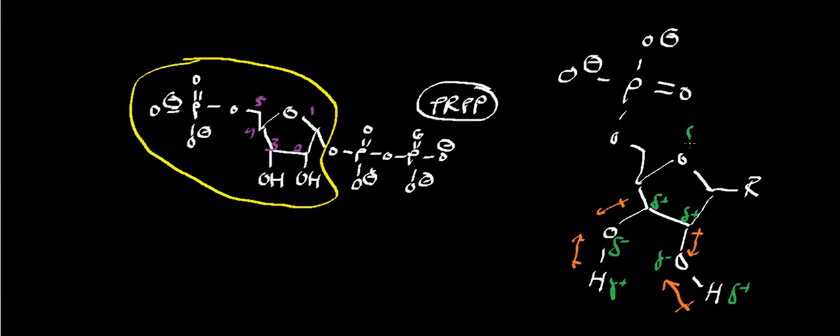And you could go and label all the partial charges. You would see this has a partial positive, this has a partial negative, this has a pretty big partial positive. But the whole point is that the ribose 5-phosphate ring is incredibly polar. And so that's going to help excrete the imidazole ring from histamine.